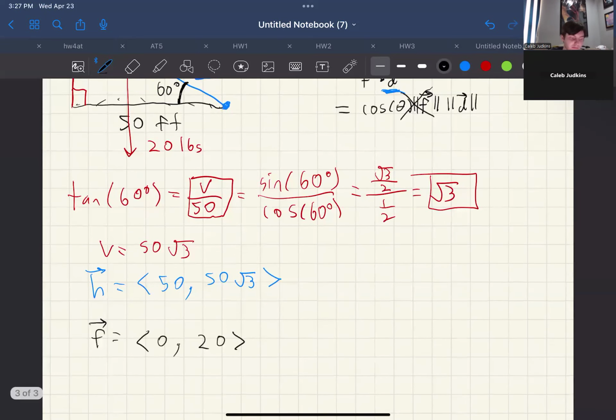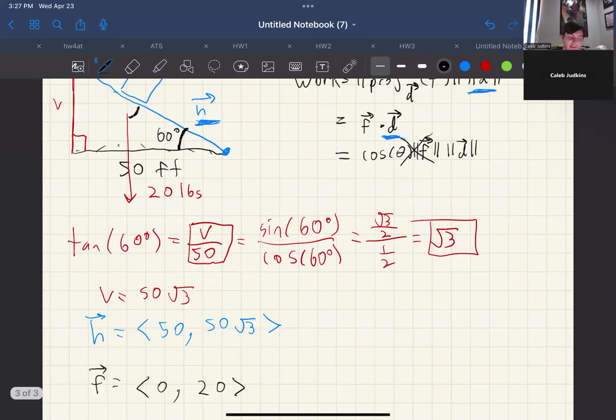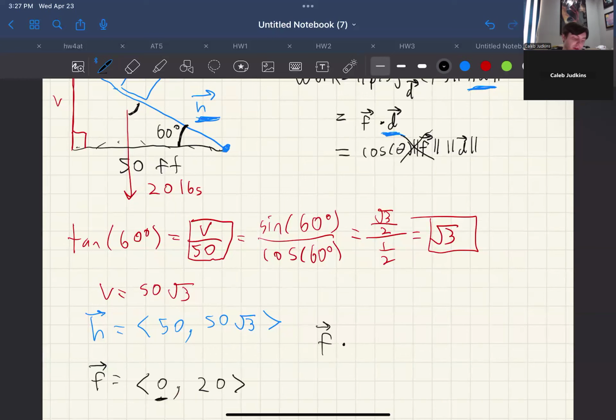The easiest formula here is going to be the dot product because we have the zero here with F, right? So we can do F dot H, which is going to be 50 times zero, multiply the X values together, and then 50 root 3 times 20, which is 0 plus, and then 20 times 50 is 1,000. 2 times 5 is 10, and then we have two extra zeros.